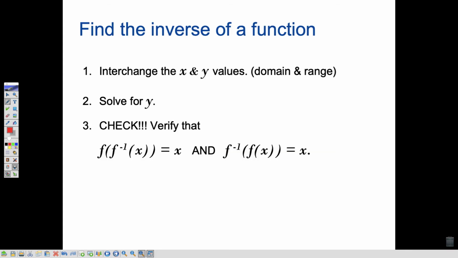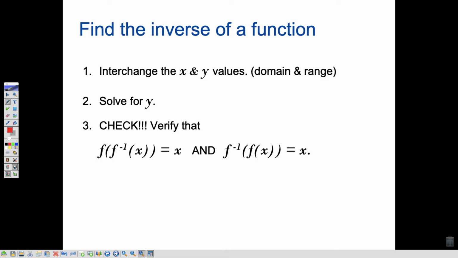Okay, the cherry moment. Here are the steps to finding an inverse. You need to write these down. We verified already, yes? Now we need to find them. If x's and y's interchange when we have a result, wouldn't it make sense just to interchange the x and the y in the equation? That's what you do. First step, you interchange the x and the y, the domain and range.